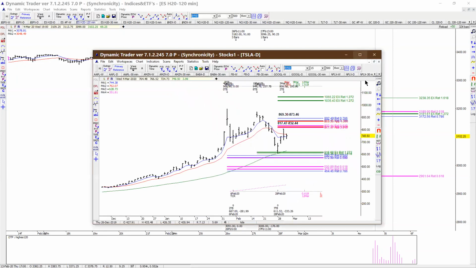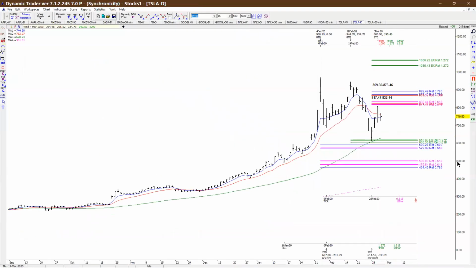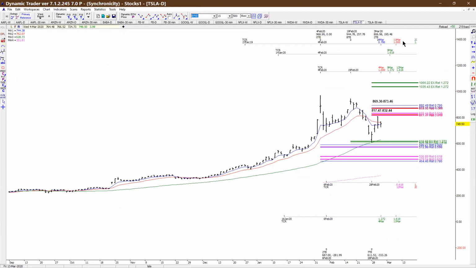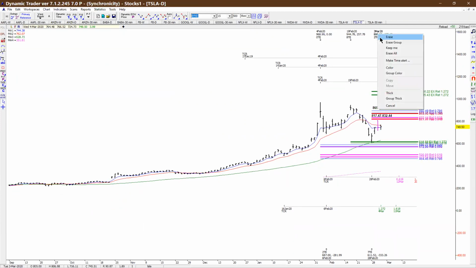For example, I had time and price at this last low in Tesla the other day. I didn't know if it was going to hold, but we did test and hold the support. It looks like nothing, but from that low to this high, that's 195 bucks.